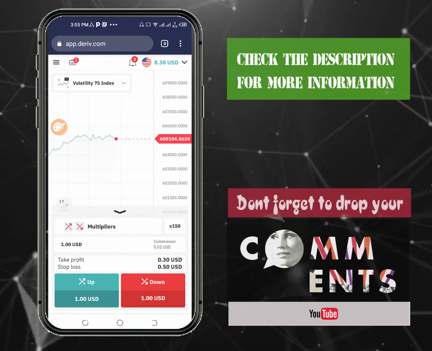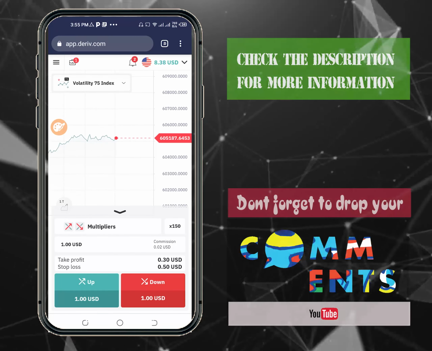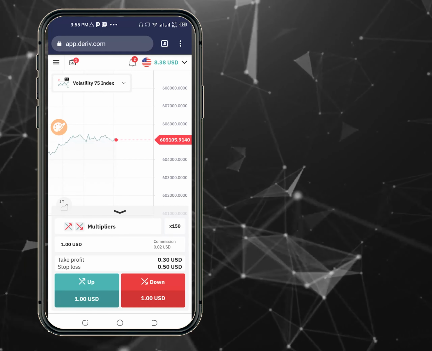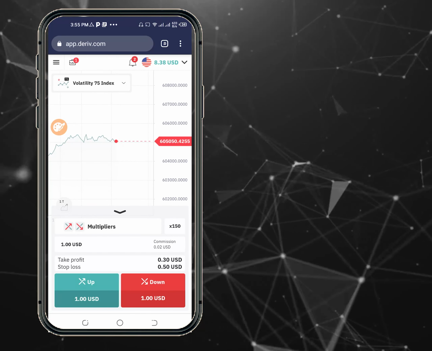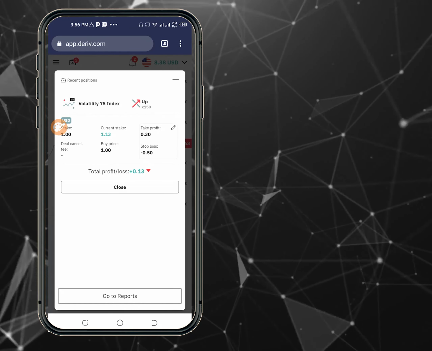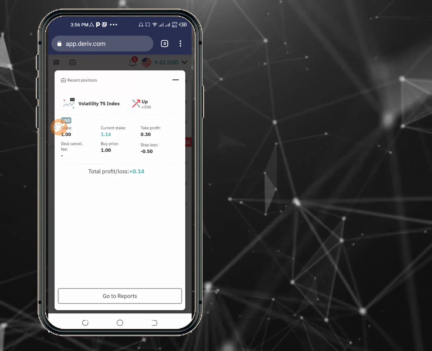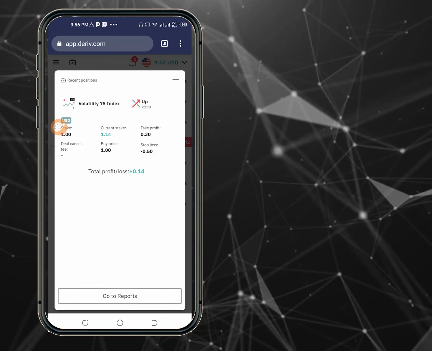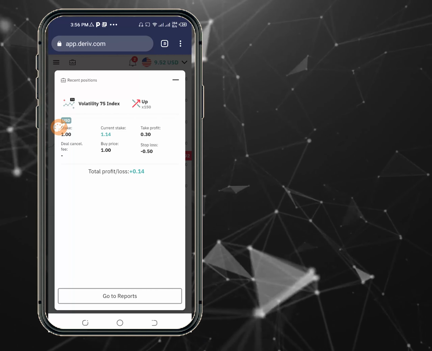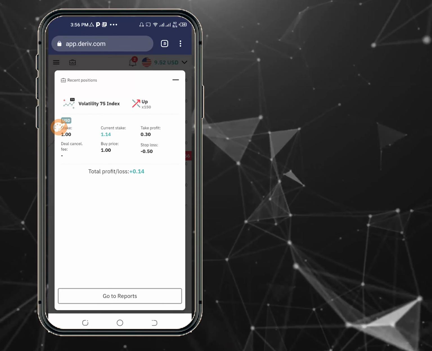If it breaks through that line, I think at this stage I want to close my trade. Okay, so I've actually made 14 cents. I've made 14 cents. You see it has broken downwards.